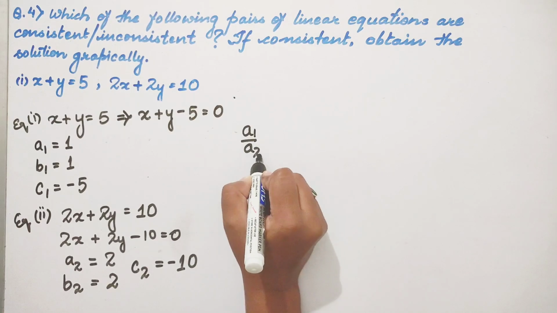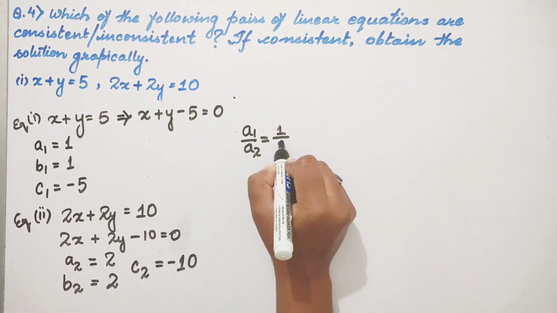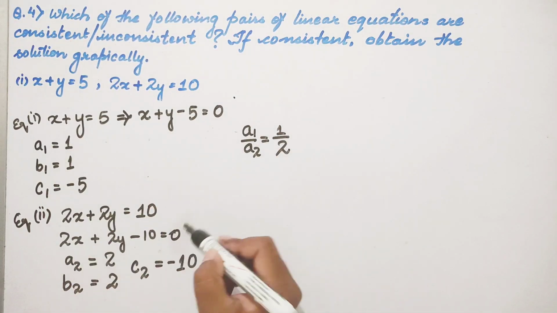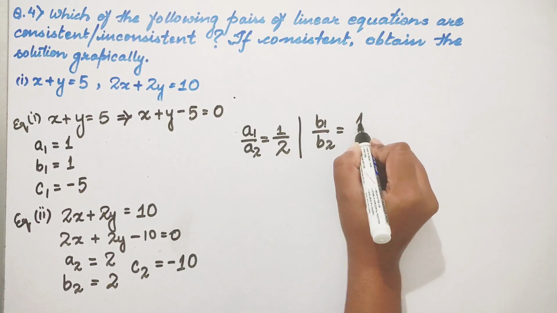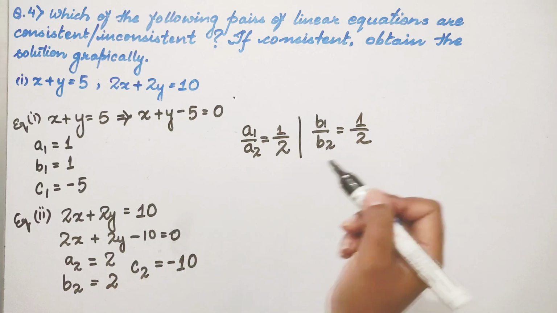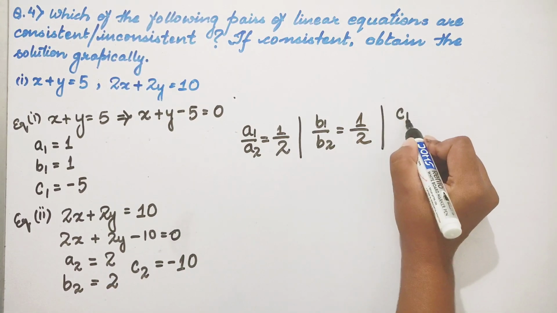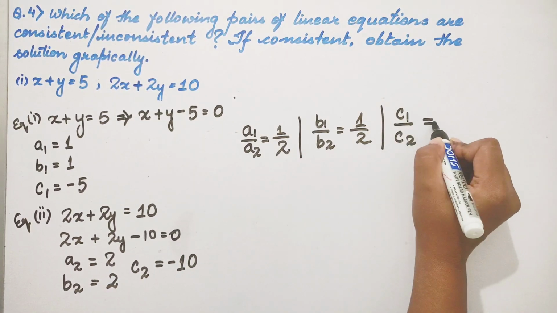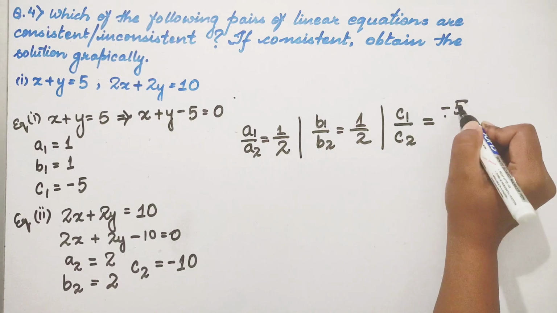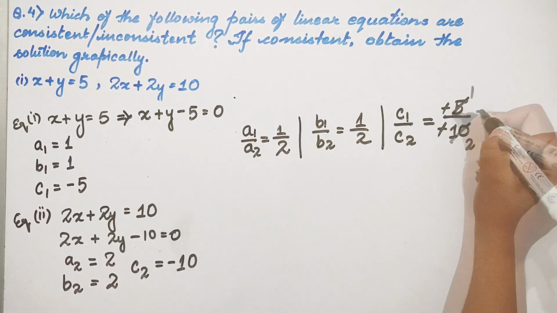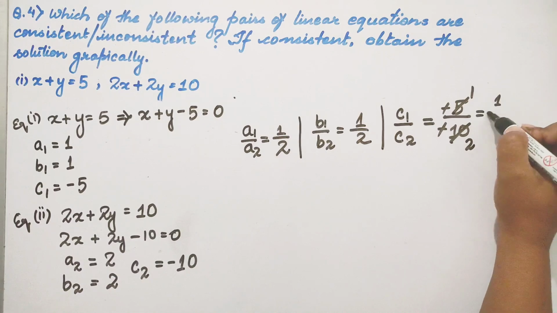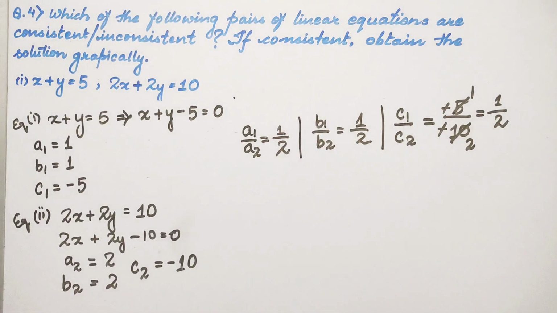a1 by a2 equals 1 by 2, as a1 is 1 and a2 is 2. Again, b1 by b2 is also 1 by 2, as we can see from the values over here. c1 by c2 equals -5 by -10. The minus cancels out, and this can be further simplified to half.